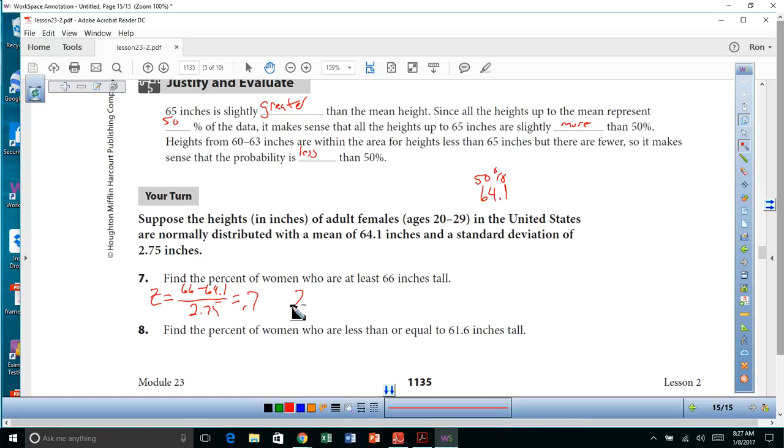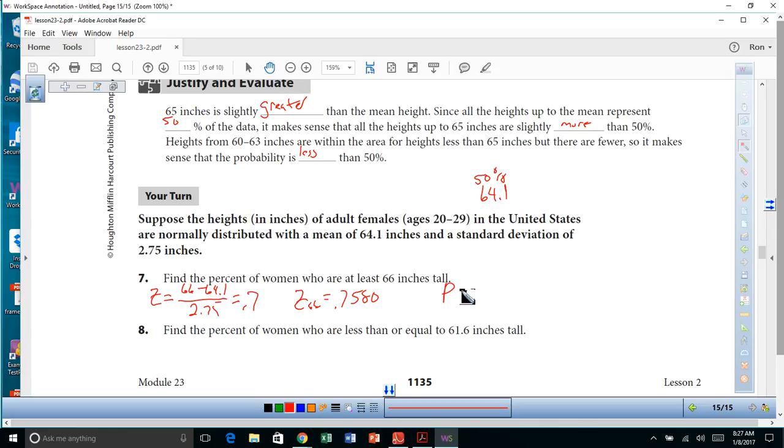So Z of 66 is 0.7580. Find the percent of women who are at least 66 inches tall.